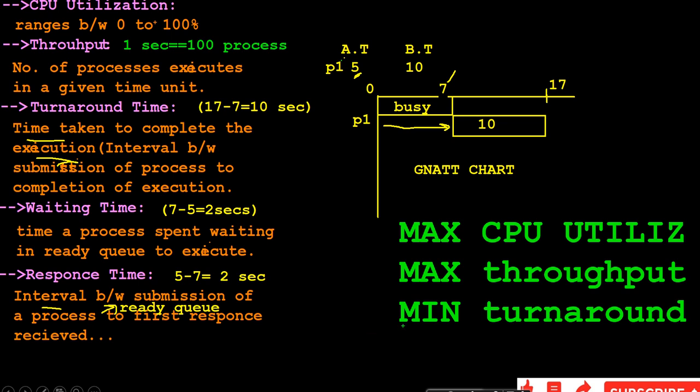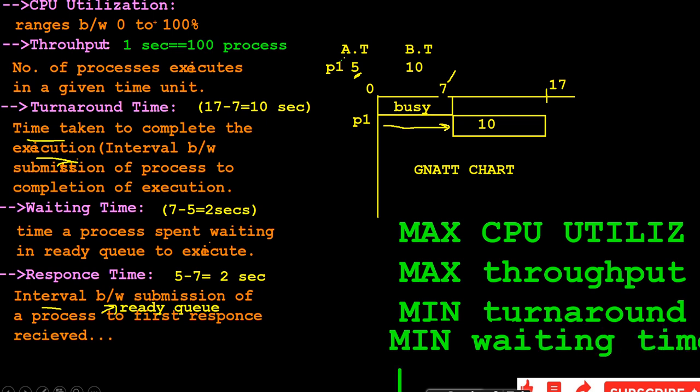We should also have minimum waiting time and minimum response time. This is about the scheduling criteria.